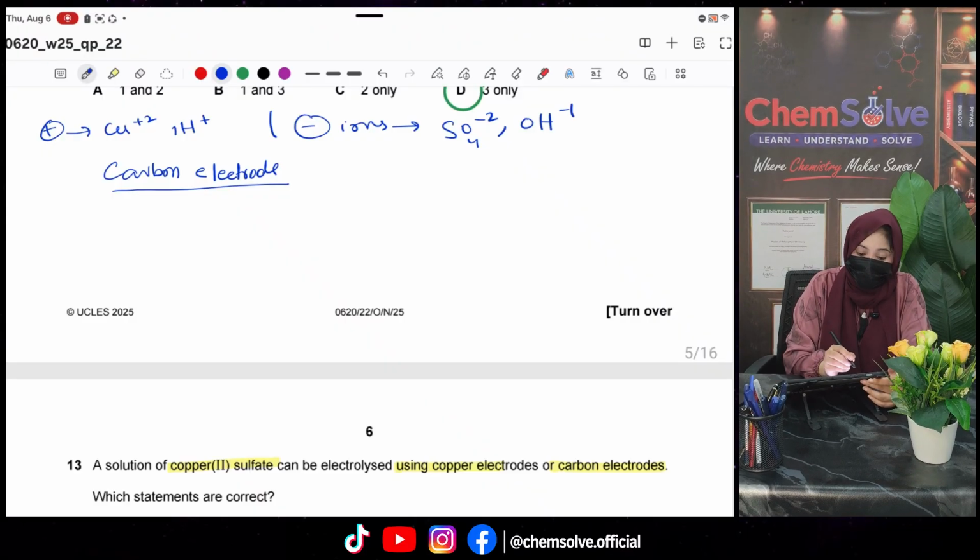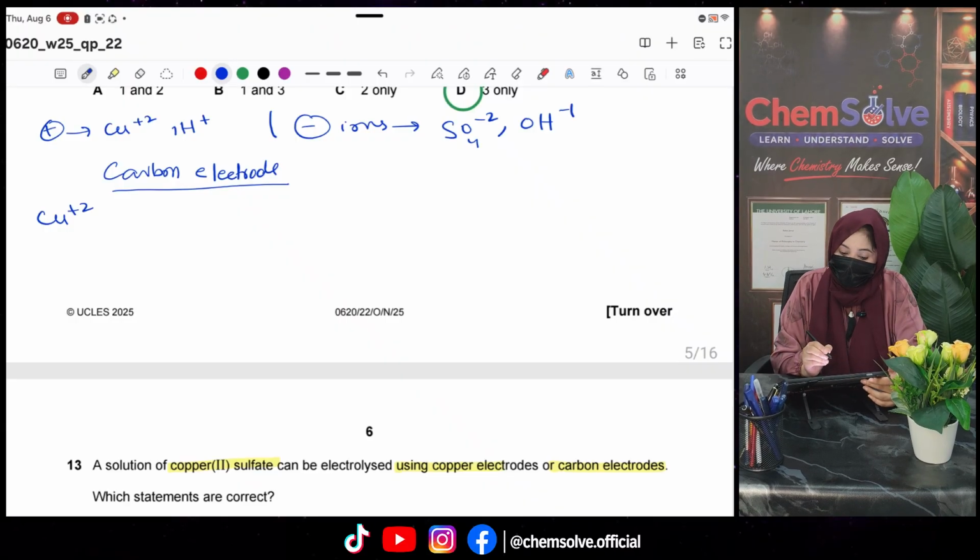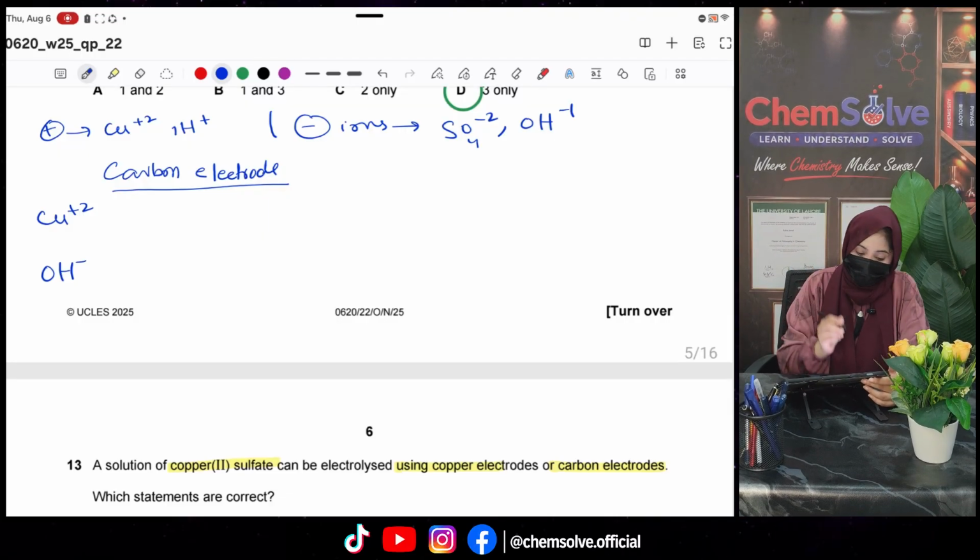For positive ions, we will choose the one that is at the bottom of the reactivity series, and that is Cu2+. And as it is aqueous, we will choose only the OH- ion. Remember, for aqueous or dilute electrolyte, we choose only the OH- ion for the negative ions. While for a concentrated electrolyte, we never choose OH- ions. Right?